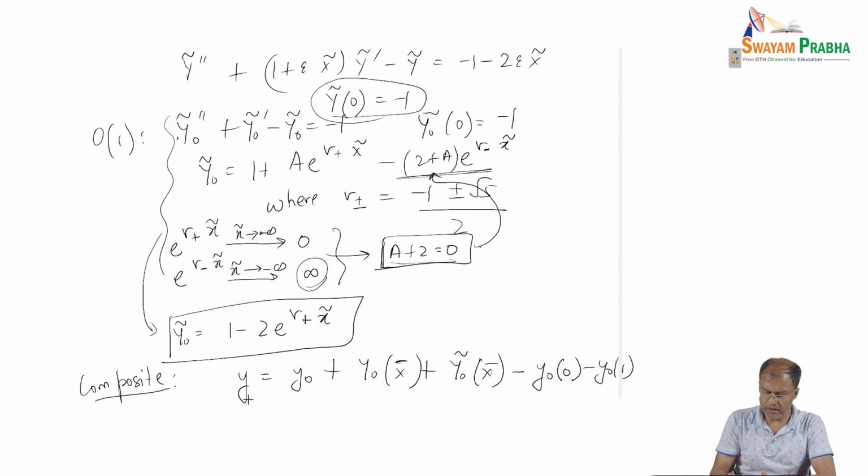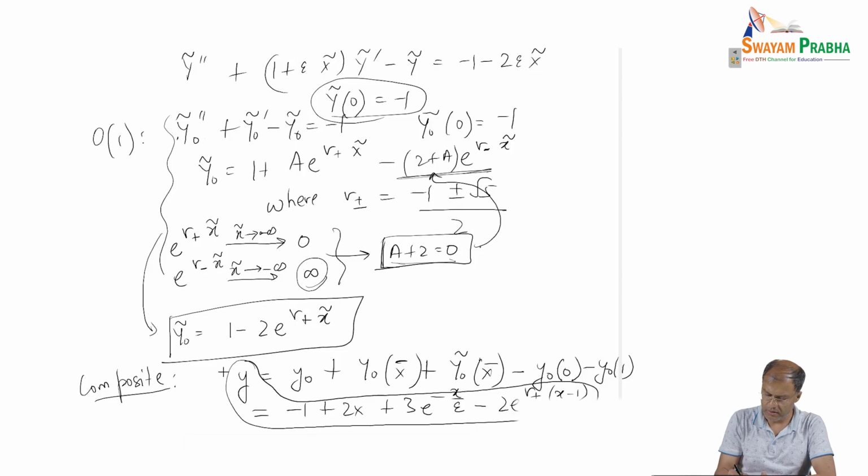After plugging in all these values, we get minus 1 plus 2x plus 3 e to the power minus x over epsilon minus 2 e to the power r plus x minus 1 over epsilon. So we get this form of the solution.